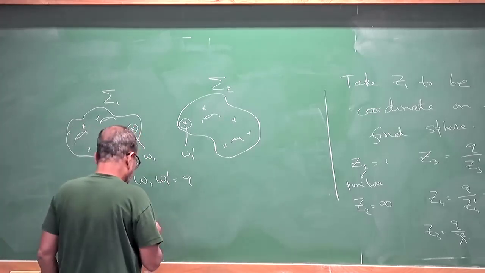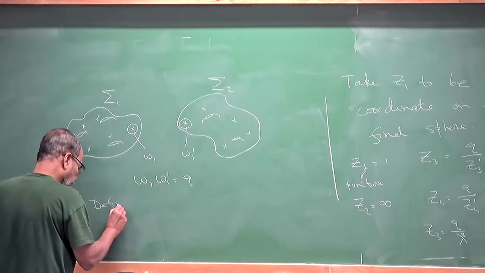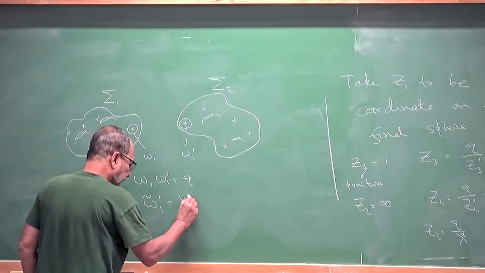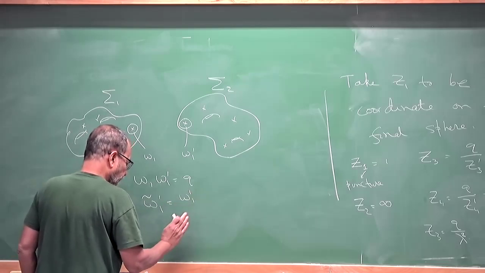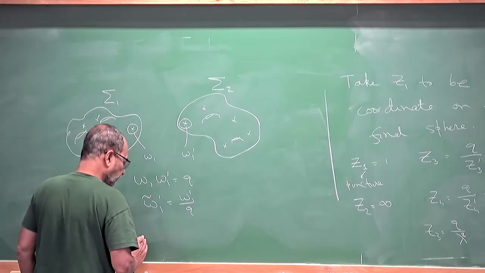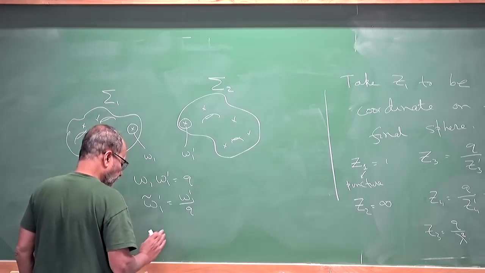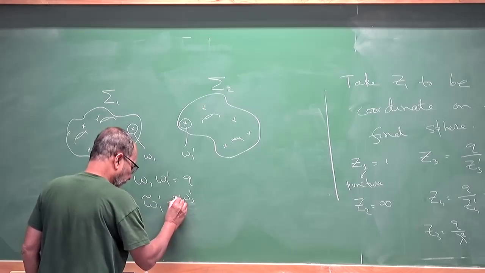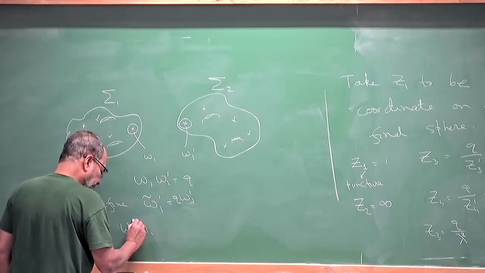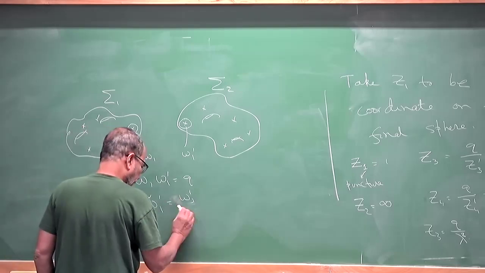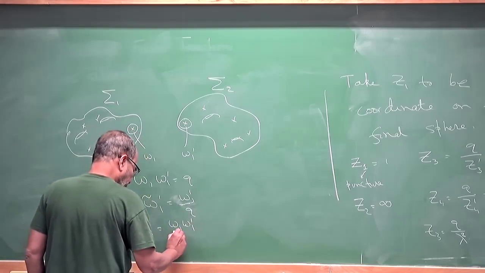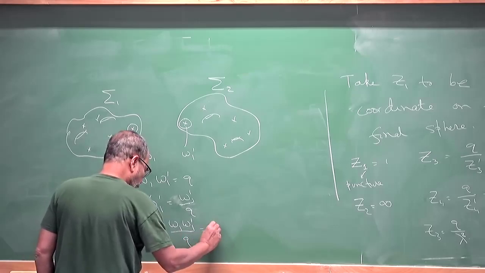If we define W1 prime tilde as W1 prime by Q, then this equation takes the form W1 prime by Q equal to W1 prime by Q, and that becomes 1.